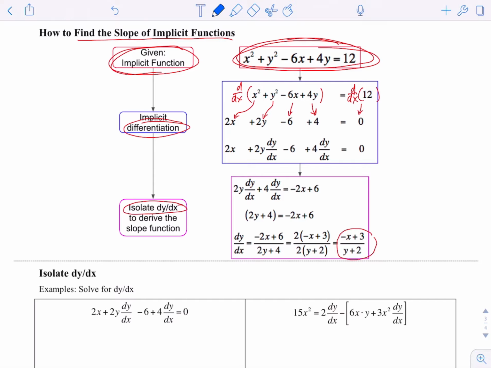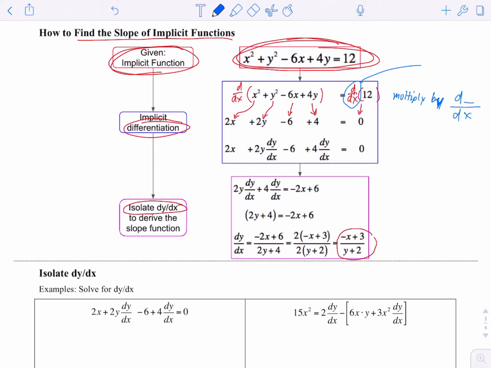Now here's where it gets a little tricky. Anytime you take the derivative of something, you need to multiply by d blank over dx, because that's what we took the derivative of.